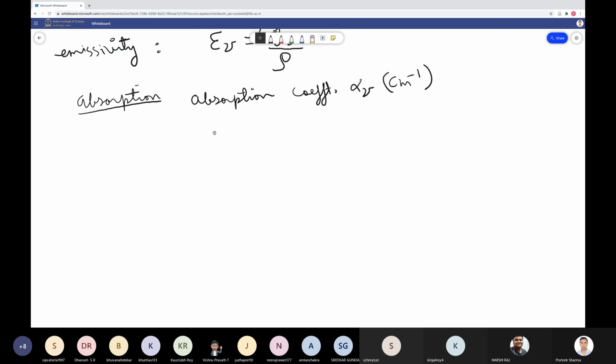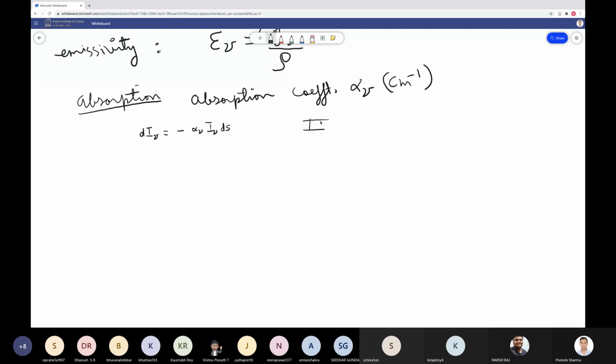So absorption is loss of energy in photons due to matter along the line of the beam. So d I nu is equal to minus alpha nu I nu ds, right?